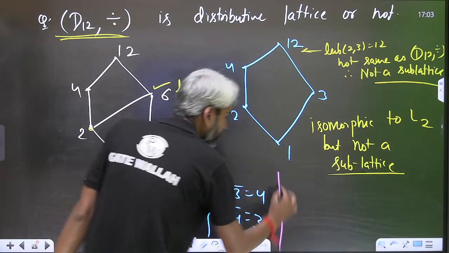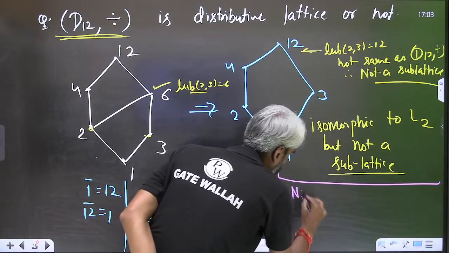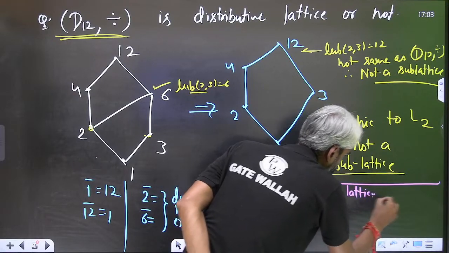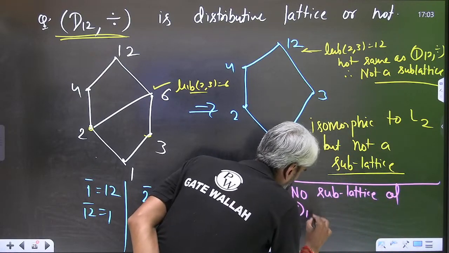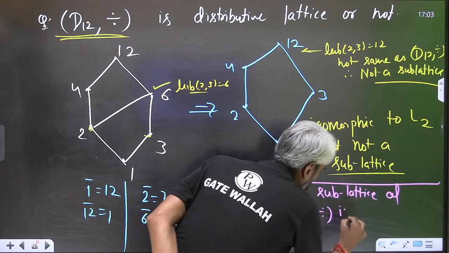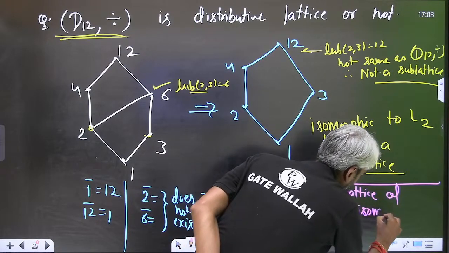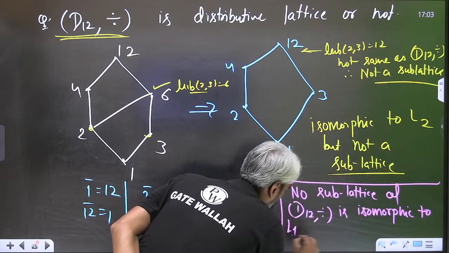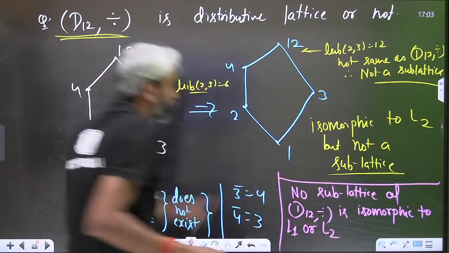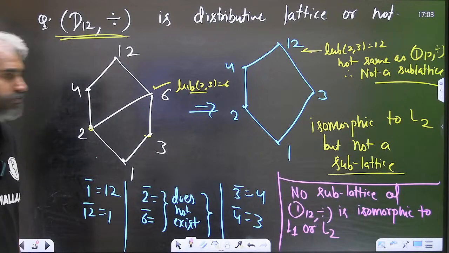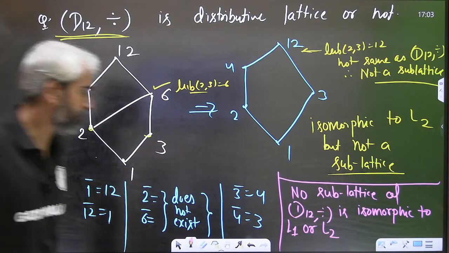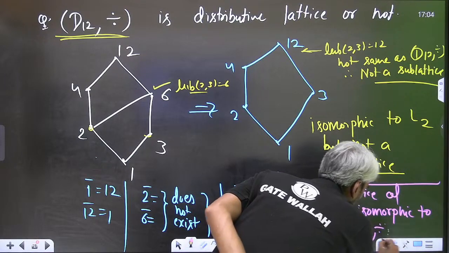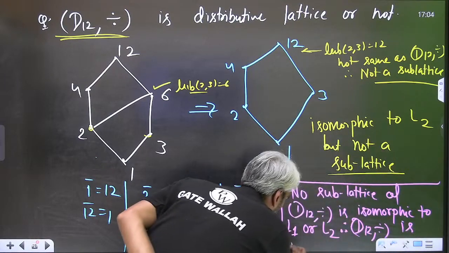No sublattice of D12 is isomorphic to L1 or L2. That is, no sublattice of our given lattice is isomorphic to L1 or L2. Therefore, D12 under divides is distributive.